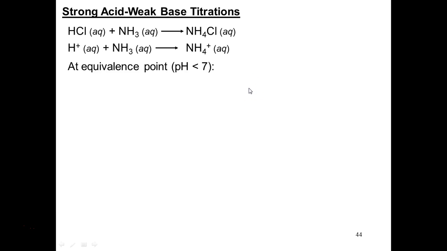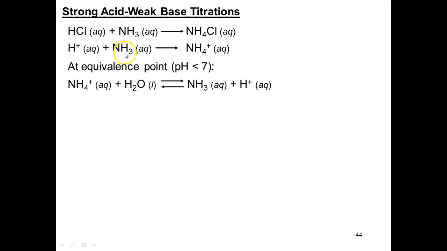Now, at the equivalence point, where the number of moles of strong acid and weak base are equal, the pH is going to be less than 7. Why is that the case? Well, the strong acid will completely dissociate and break apart.